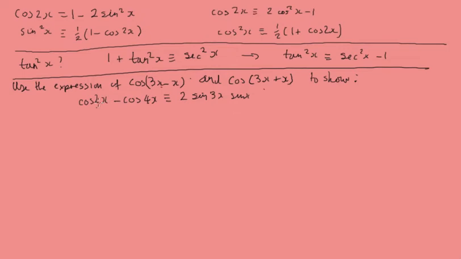So if you think about it, cos 2x is the same as cos 3x minus x. 3x minus x is 2x. And then we're going to have minus cos, this is 4, so it's 3 plus 1 is 4.